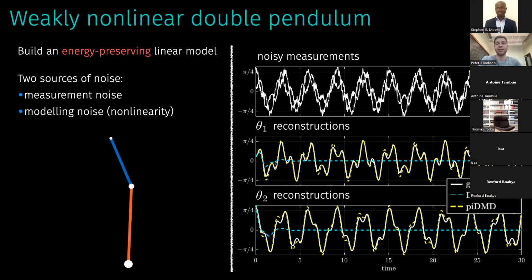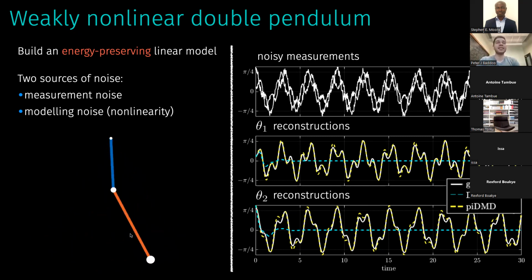It's very corrupted by noise, and the reconstruction is very inaccurate. Whereas this physics-informed DMD model is much more accurate. You can see it really gets the frequencies of these oscillations right. It occasionally underestimates or overestimates the frequency. But importantly, the error is sort of constant in time, because the piDMD knows that this system isn't decaying or blowing up. It just has a constant energy.